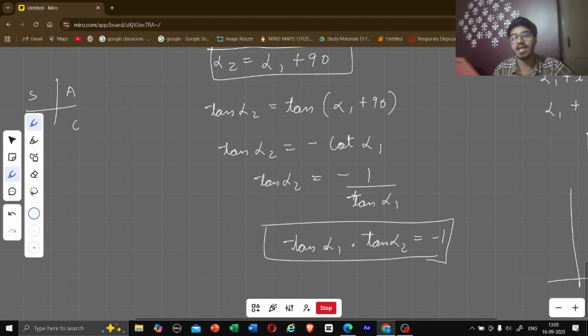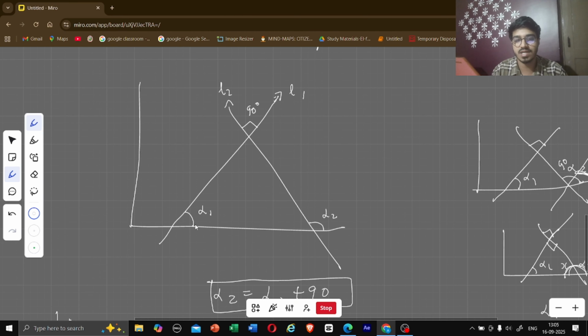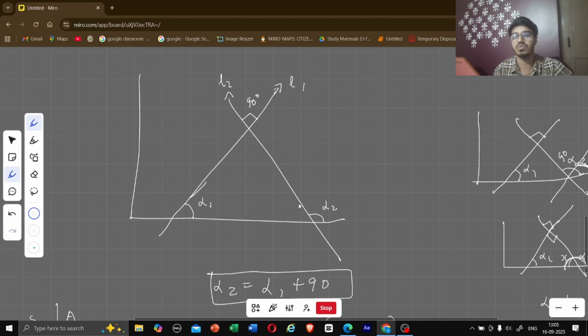So what is tan alpha 1? Alpha 1 is the inclination, or angle formed by L1. If we take tan alpha 1, this will be the slope of L1, and if we take tan alpha 2, this will be the slope of L2.